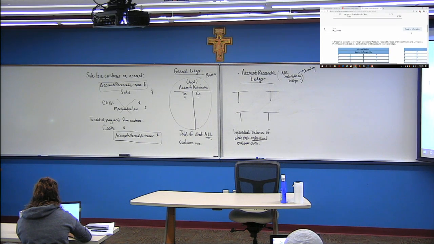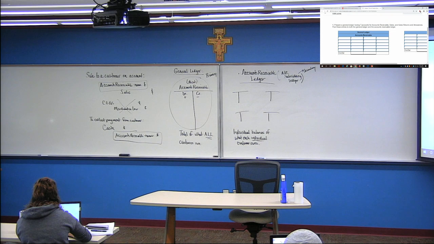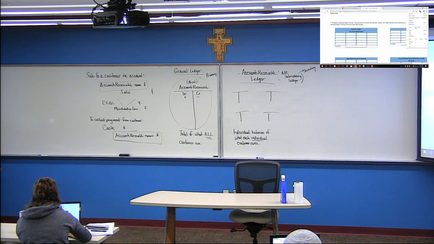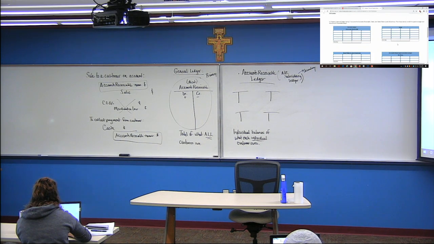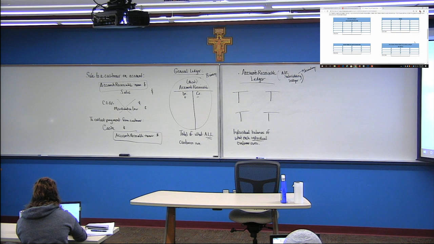If I scroll down here, and I'm going to make this a little smaller again, okay, there we go. Now there's my general ledger account. Everybody look up here. There's general ledger accounts receivable. Here's sales, another general ledger account. Here's my sales returns and allowances.